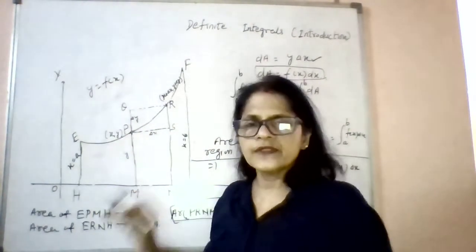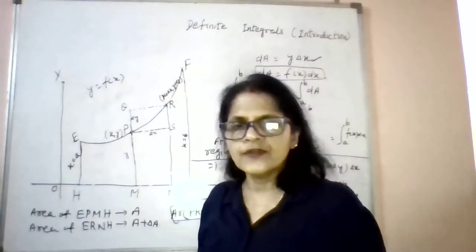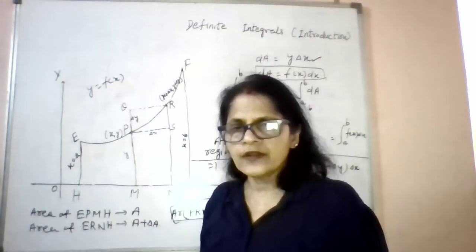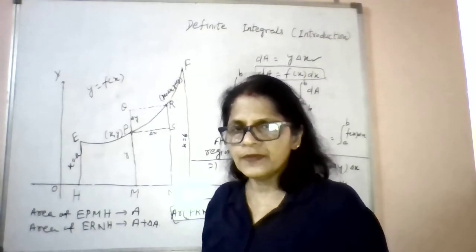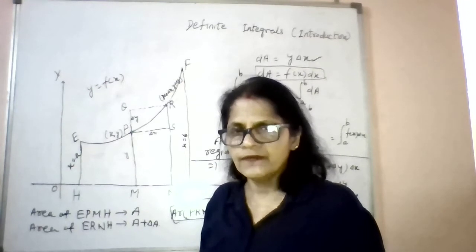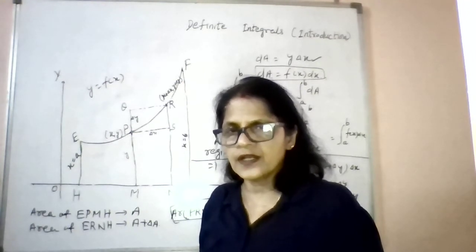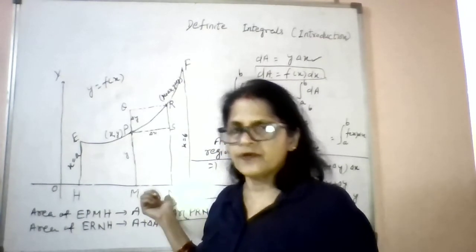So that is basically the geometrical interpretation of definite integrals, and it is also one of the applications of the area of the region bounded by the curve. When you study the area of the region bounded by the curve, the application of integral calculus in the next topic, chapter 8, it will help you also.